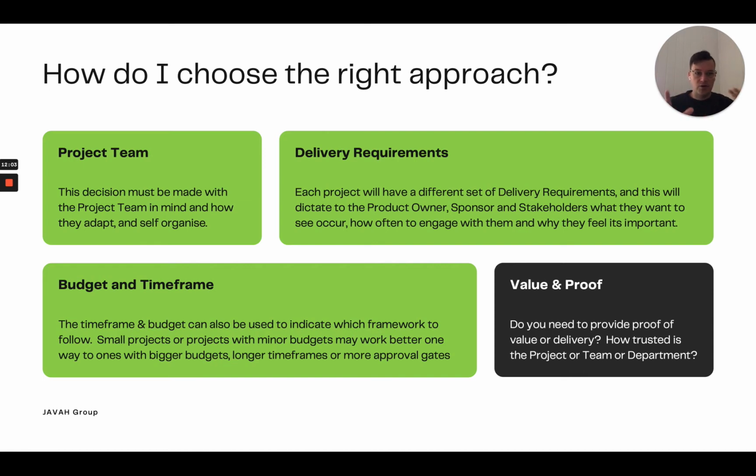So you've really got to be mindful of not only how your team itself works, but how you interact with the larger organization. Budgets and timeframes. Kanban can be seen as a little dangerous if you're not managing timeframes, if you're not managing estimates, and if you're not managing your costs.